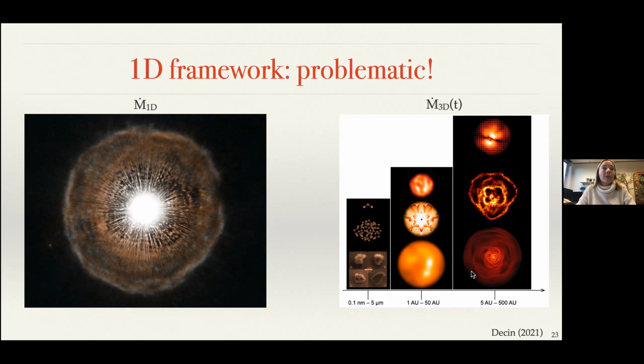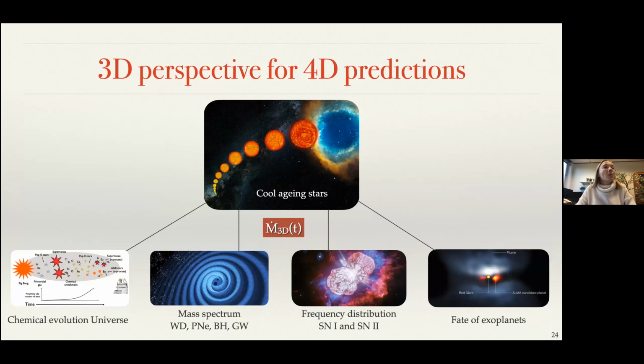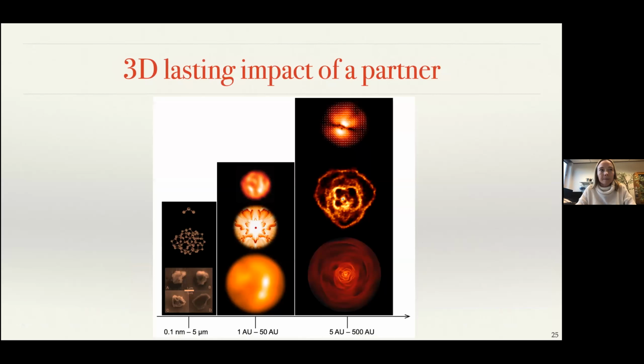And this is then the work on which I will now also focus today. So we need, and I come back to the start of my presentation, we need to have better predictions of the mass loss rate, 3D predictions, 3D understanding in function of time, if we want to have better predictions of each of the facets that I show here at the bottom of the slides.